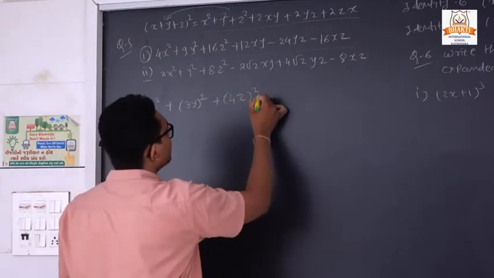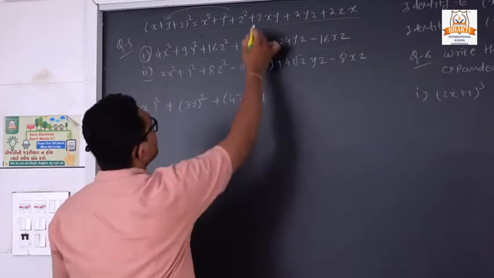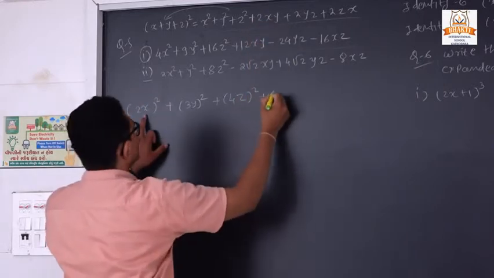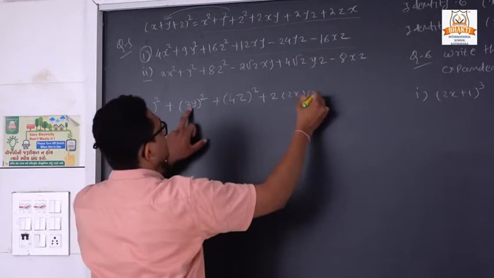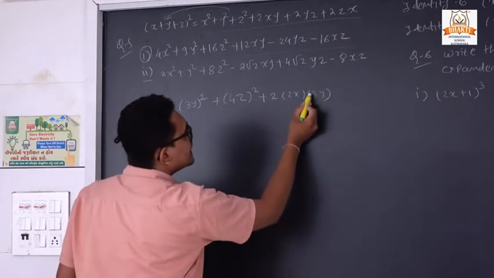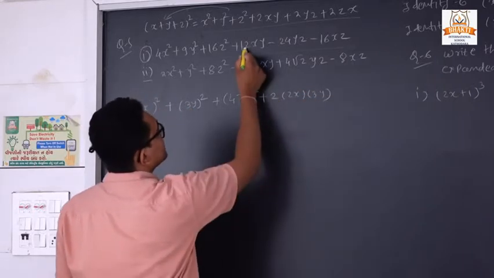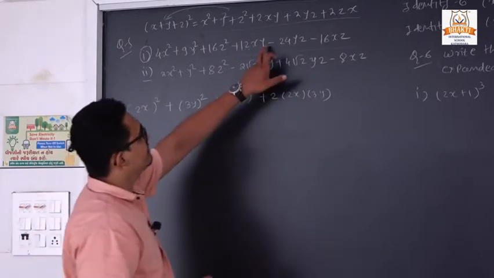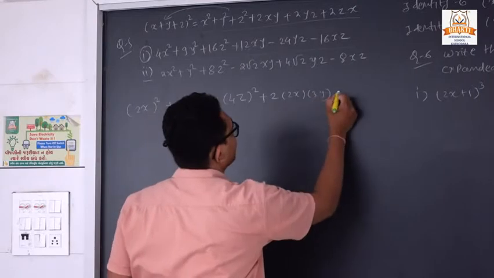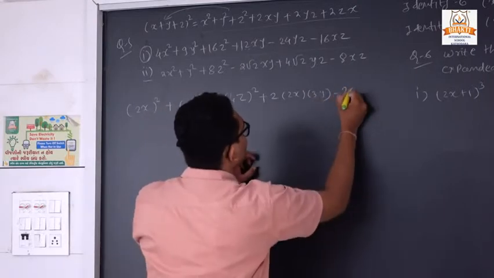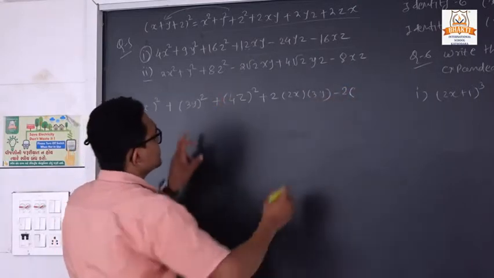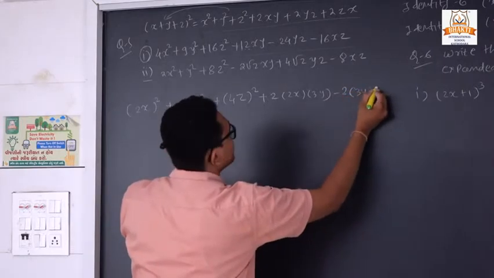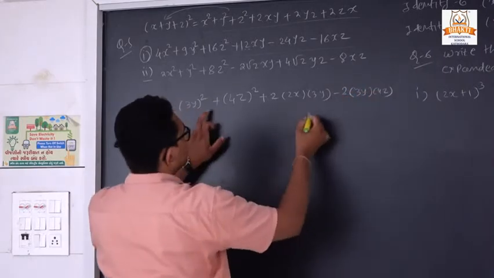Then plus 2 into first into second. Because 3 2s are 6, 6 2s are 12, so it is 12 and xy. Then we have a minus sign. Minus 2 into second into third, so 3y into 4z.